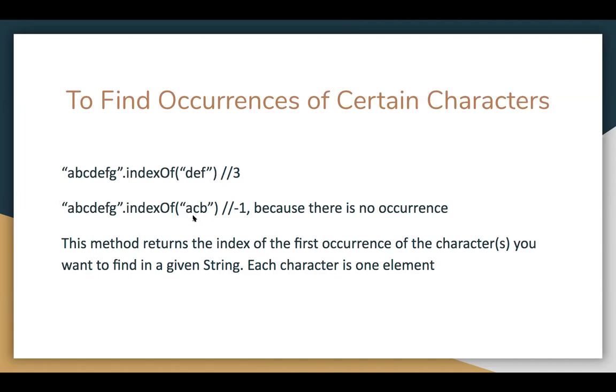For it to actually output something, it has to be in the same order as it specifies. And this would output -1 because there's no occurrence. Whenever something doesn't occur in another string, it will always output -1 to signify that it doesn't occur.